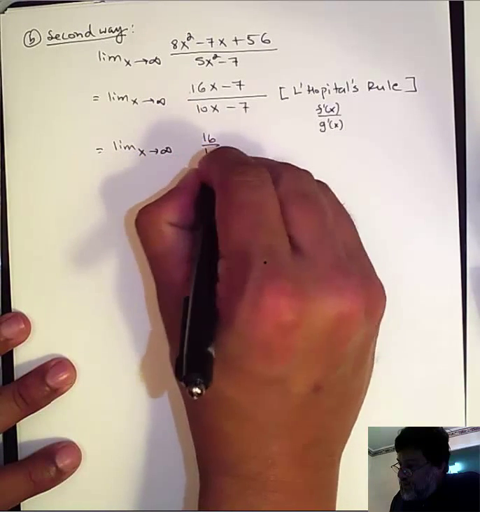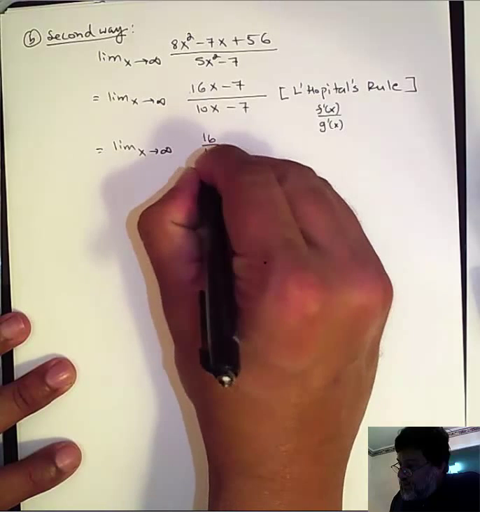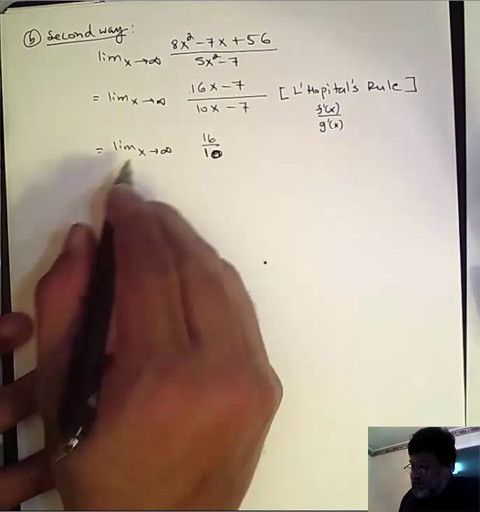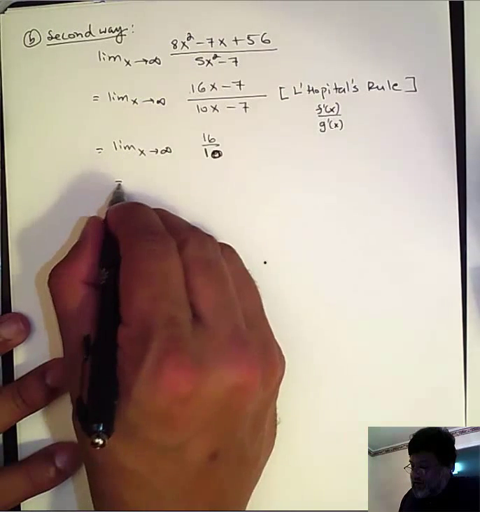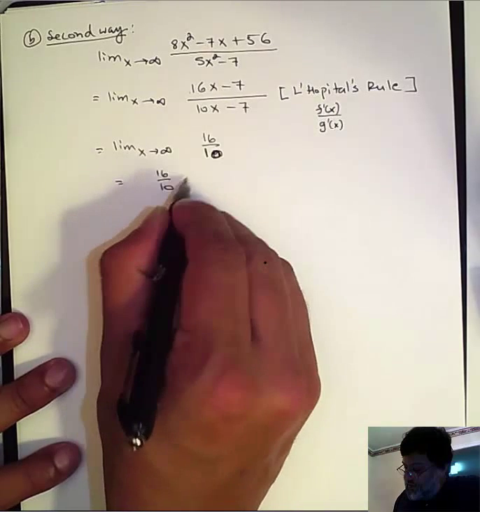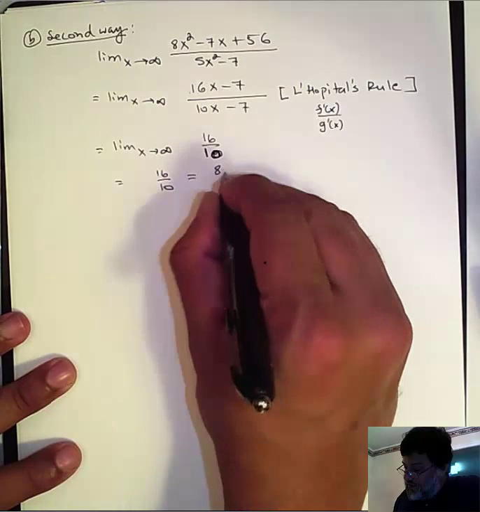I get 16 over 10, because the x disappears, and now if I put in x as infinity, it really doesn't matter. 16 over 10, isn't that 8/5 anyways?